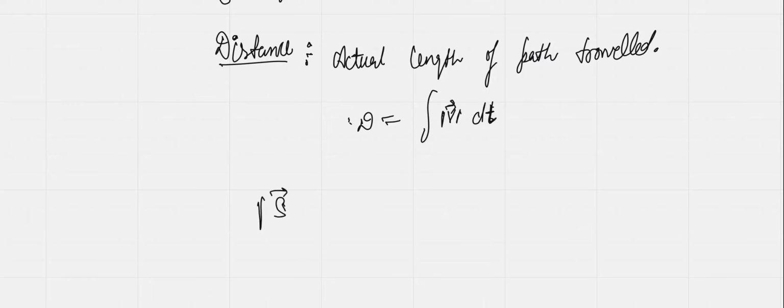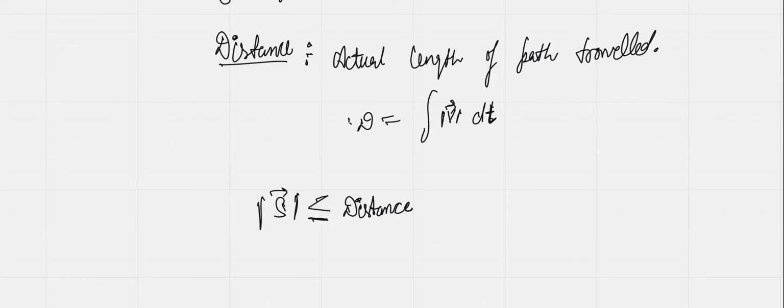The magnitude of displacement will either be less than or, at max, equal to distance. When will it be equal? When your particle has traveled in a single direction in a straight line. In that case your distance and displacement will be equal, otherwise in all cases it will be less. Is that clear, Bhavna?